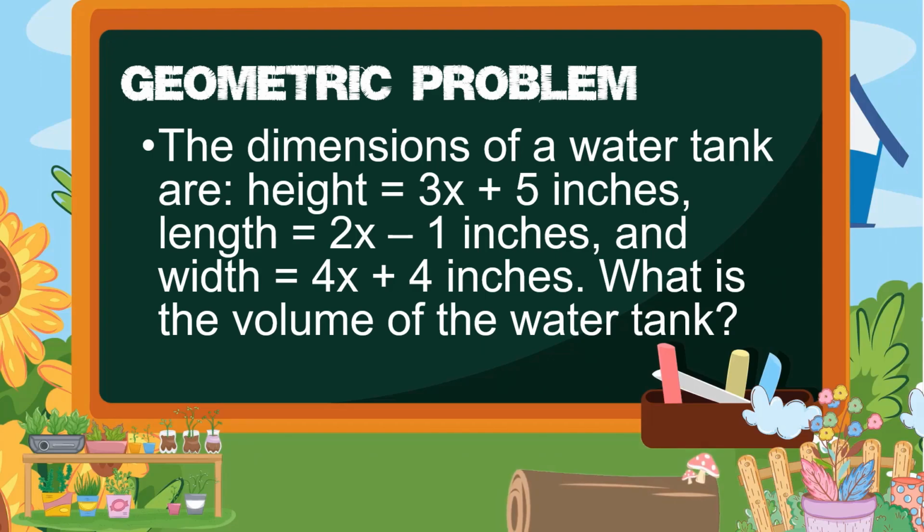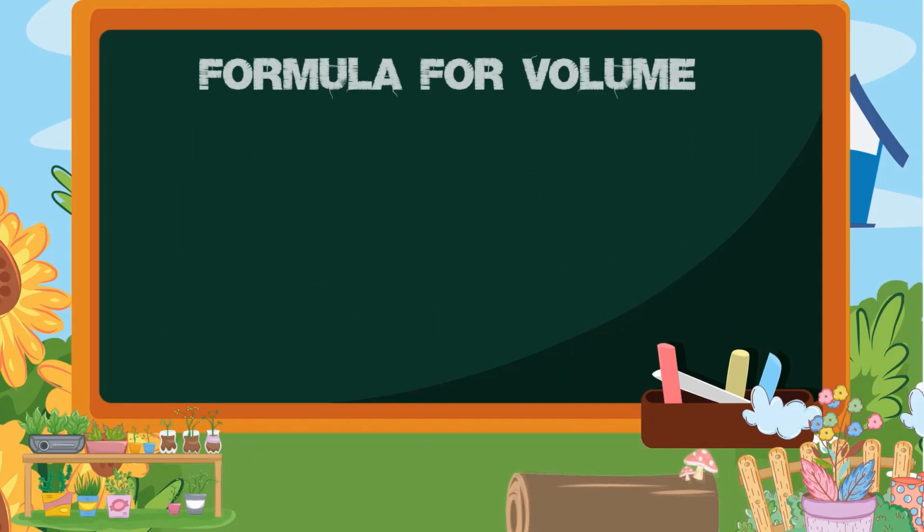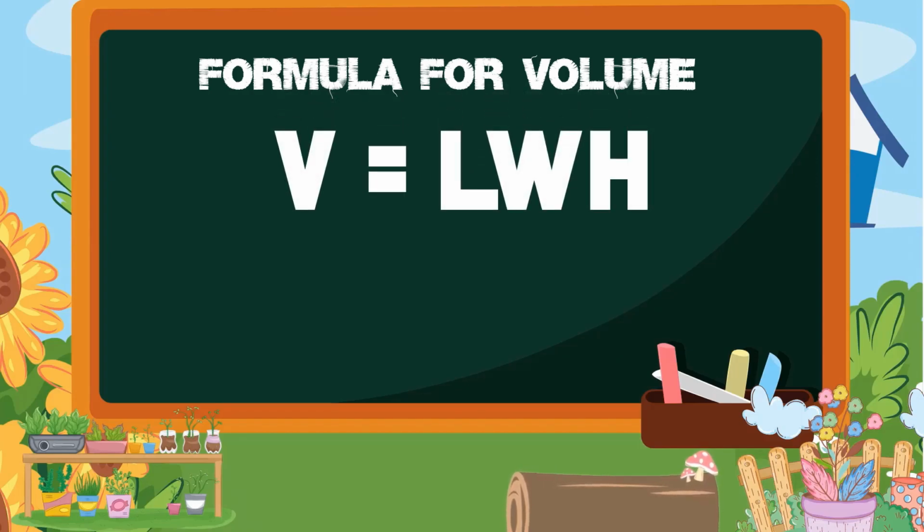To solve this, we need to recall the formula for the volume of a rectangular prism. Do you still remember it? Nice! The formula is volume equals length times width times height.